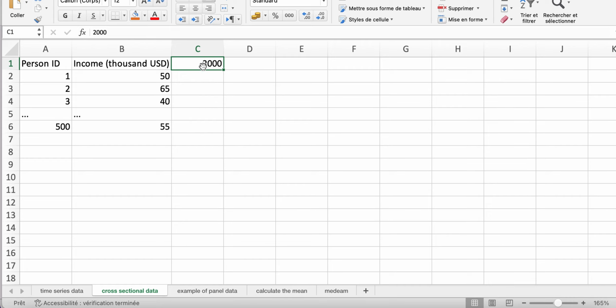So here we fix the time, a specific point in time, and we have different persons. For example, in 2000, person one has an income of $50,000, and person two $65,000, and so on. Okay, this is an example of cross-sectional data.